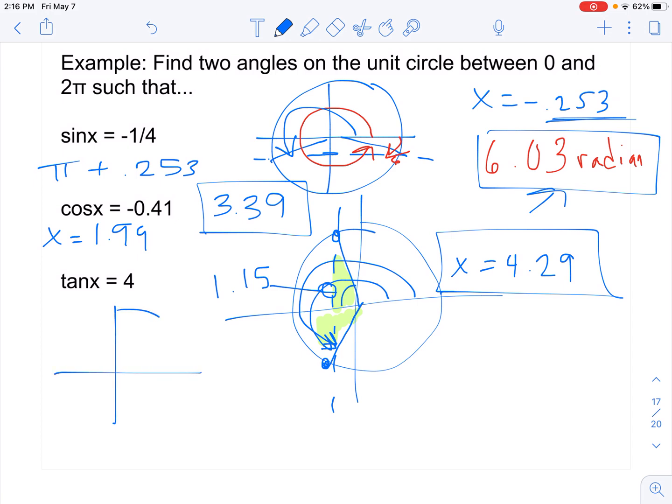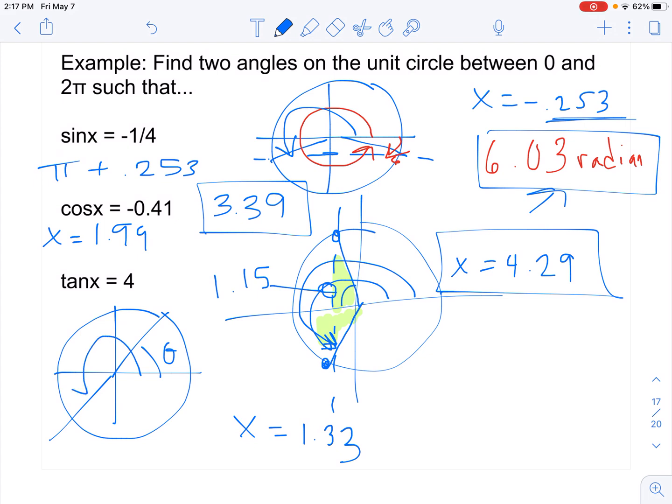Tangent equals positive 4 this time. Well, tangent's positive in quadrant 1 and quadrant 3. So let's do inverse tangent of 4. I get x equals 1.33. That will be the angle in the first quadrant.